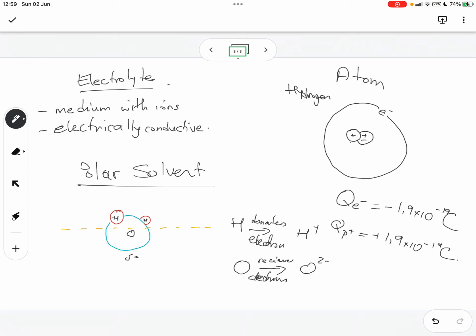So its charge becomes negative, minus. So it becomes negative on this end here, but closer to the hydrogens, it becomes positively charged. So now, because of this, every molecule in water is like this, right? There's one end where it's positively charged and the other end that's negatively charged.